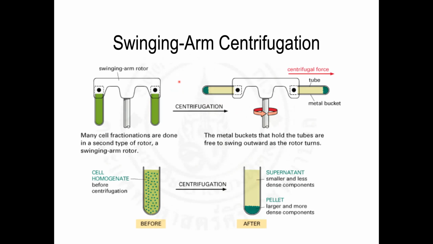And the second possibility are swinging arm centrifugation rotors. So basically, you have a second type of rotor, which has the inlets where you put the tubes in a flexible way so that during the centrifugation, they would swing out due to the centrifugation forces.